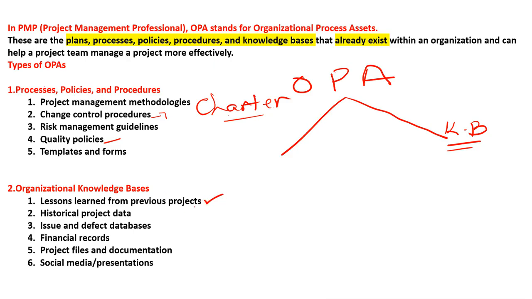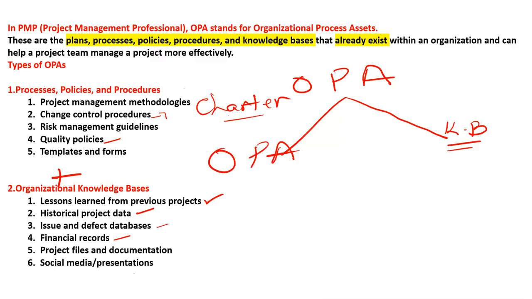Whatever lesson you have learned will go in the knowledge base. As the name indicates, knowledge base: historical project data, issue and defect databases, financial records, project files and documentation, presentations, all of this you keep in the knowledge base. I hope this is clear. Together, processes, policies, procedures, templates, plus organizational knowledge bases is known as OPA.